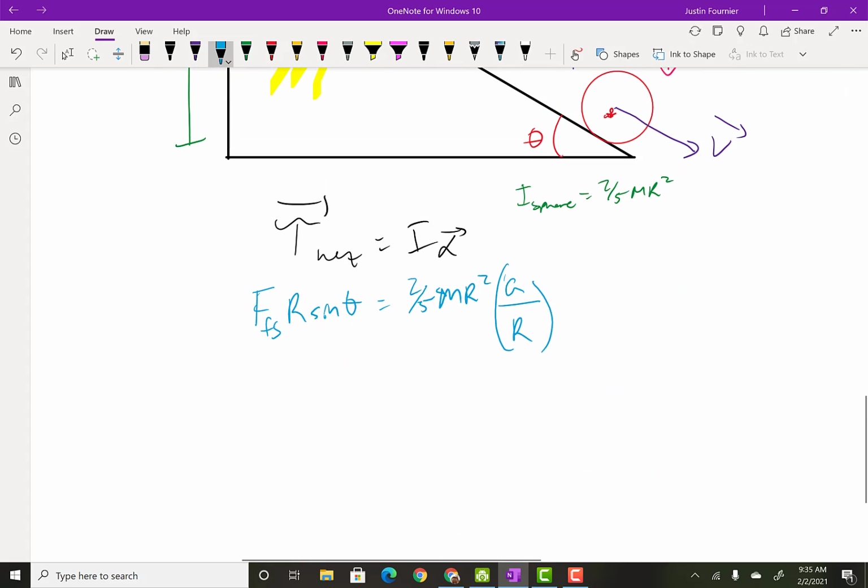So that's r F sine theta. Theta is going to be 90 degrees, so sine is just 1. And I'm going to isolate the force.